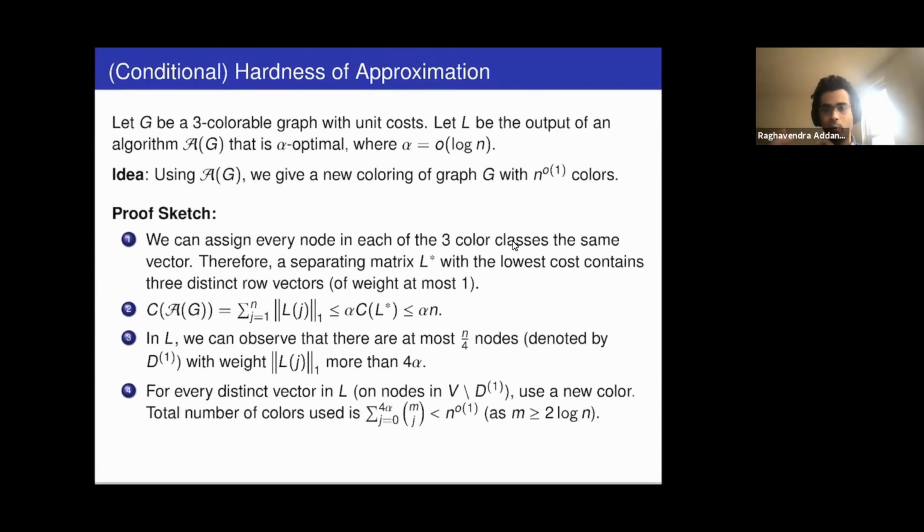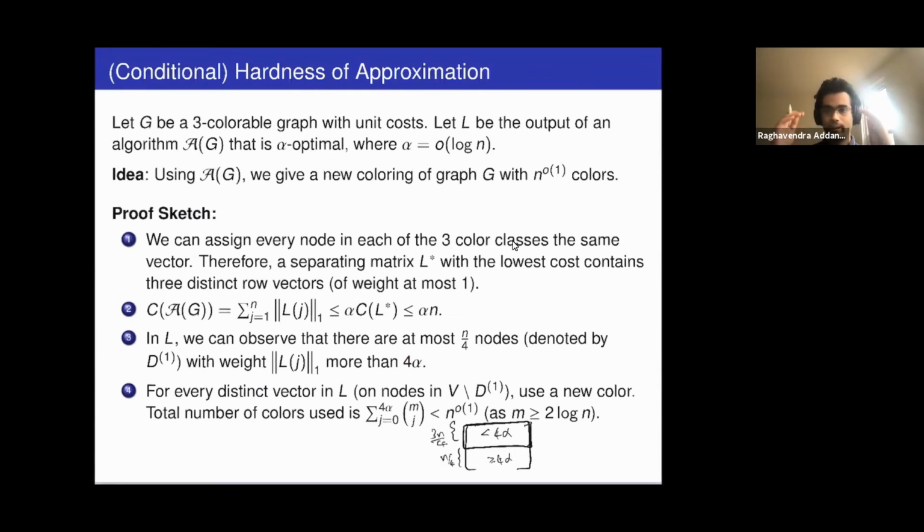Now, we will show how we color the graph using this. Let's look at L. And we know that there are just n by 4 nodes with weight more than 4 alpha. Among the remaining 3n by 4 nodes with weight at most 4 alpha, let's look at these nodes in L and look at how many distinct row vectors there are in these.